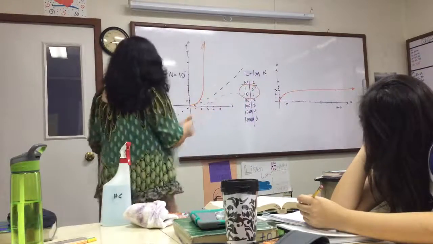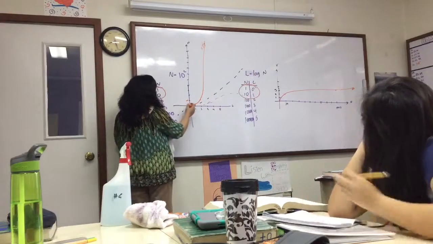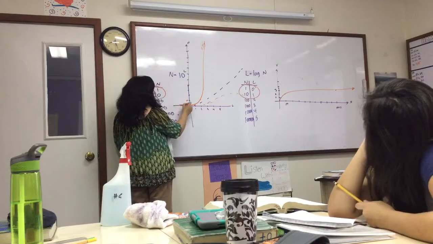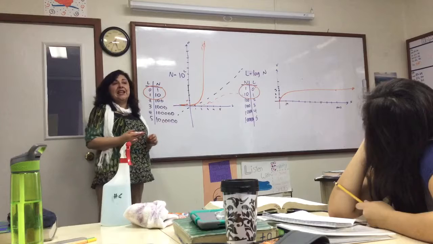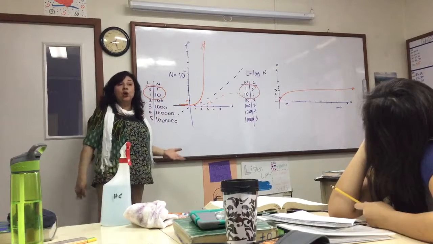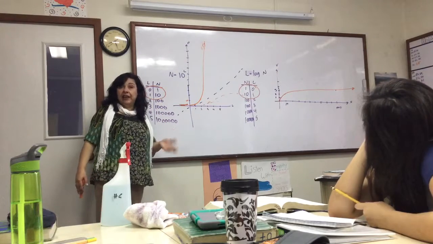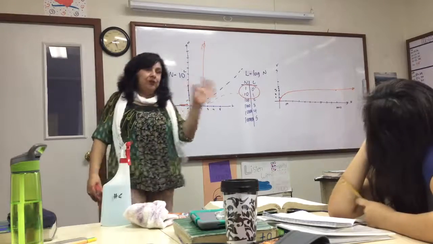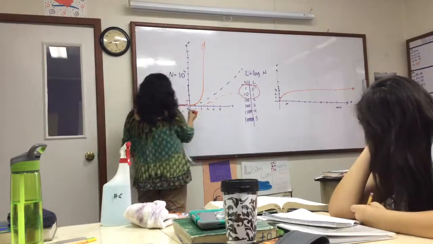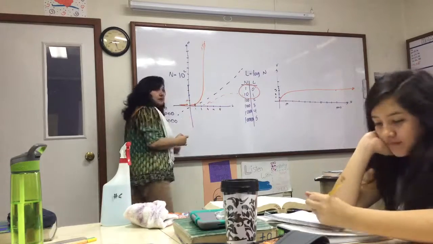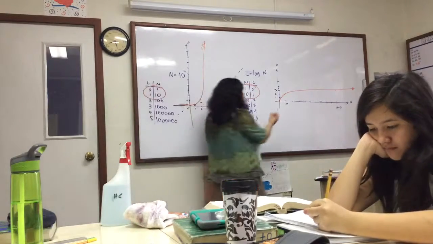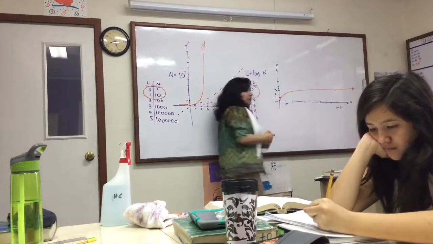The only difference is that it might start here or pass to the other side. That one will never pass to the negative side. Why? Because there's no logarithm of negative numbers, okay? So the points that you are most interested in are the 0 and the 1, on both of them, okay?